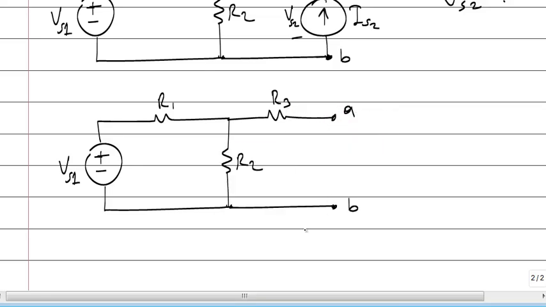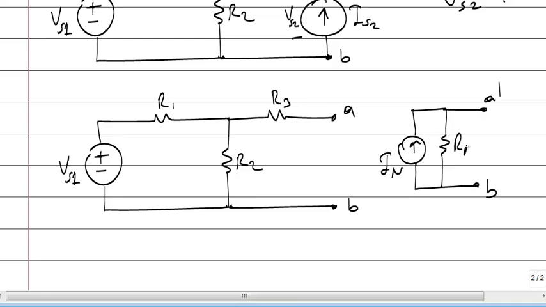Okay, and then you will find a Norton's equivalent for this circuit: A prime, B prime, I Norton, R Norton. Then, after calculating the equivalent, you will insert the component here, like that.